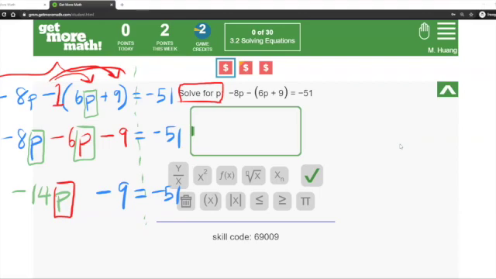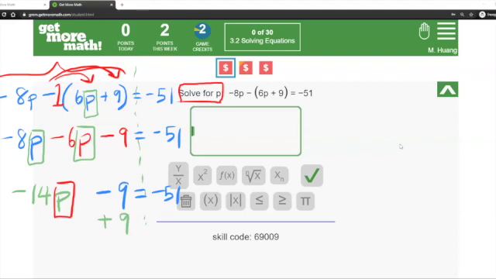You can do it, think of it different ways. Maybe one way that will help some of you is you do everything that's away from the variable first. So is -14 or -9 further away from the variable p? It's the -9. So we are going to get rid of the -9 by doing the inverse.